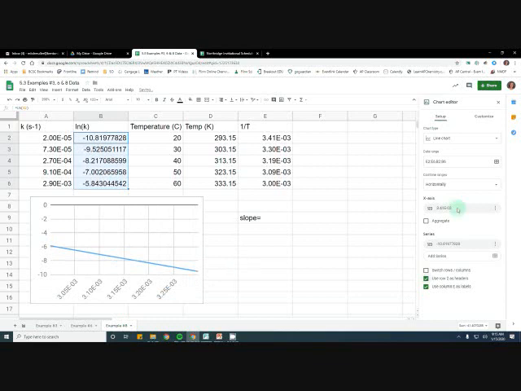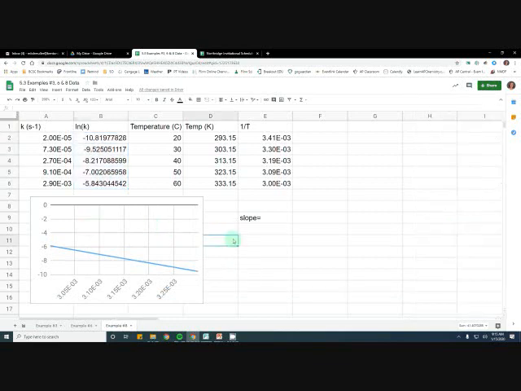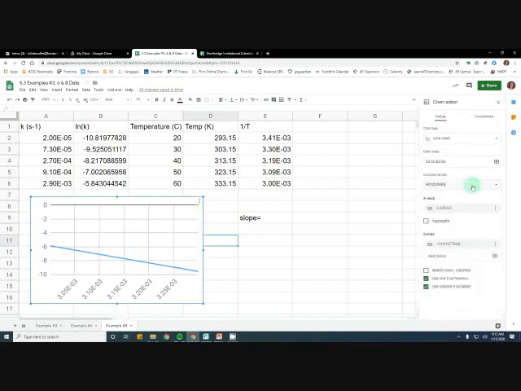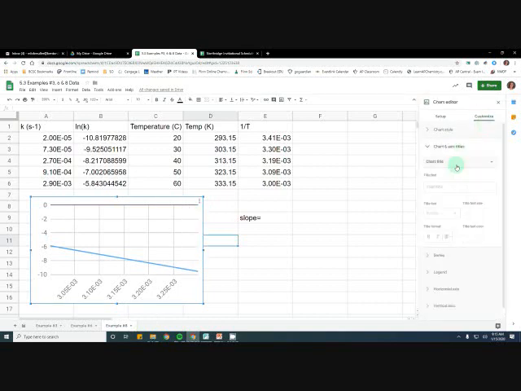Okay, so I've switched it around so that the graph shows the natural log values on the y-axis. Let me put some chart titles on here.